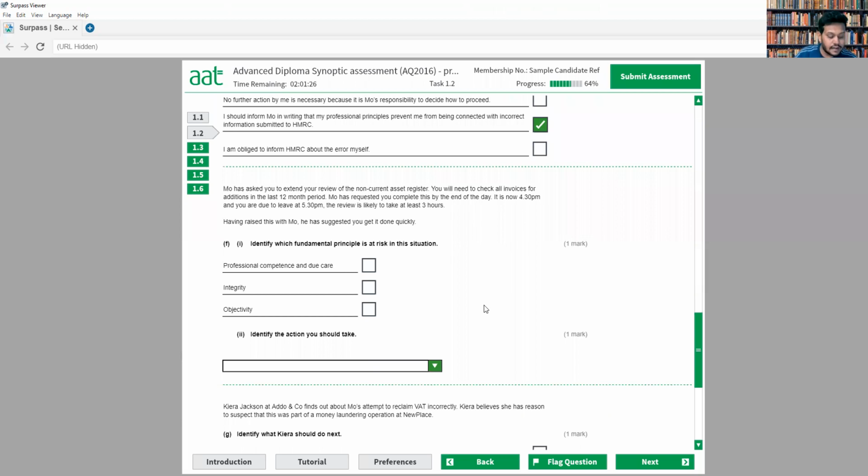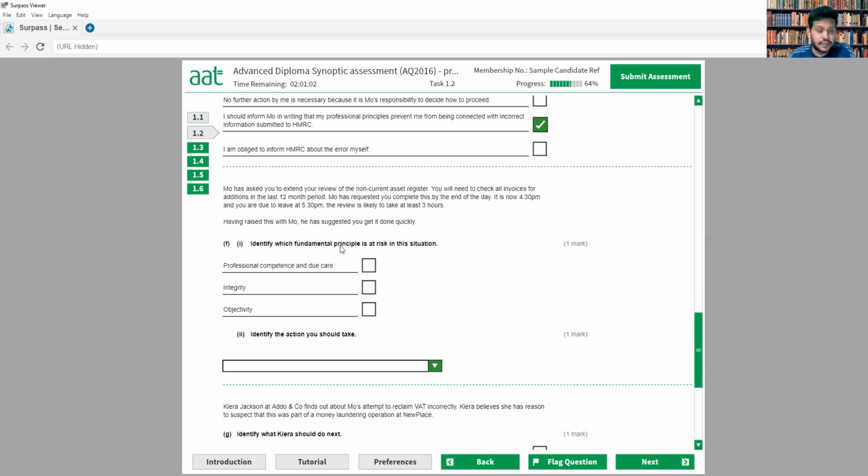Then the next one: Mo has asked you to extend your review of the non-current asset register. You will need to check all invoices for additions in the last 12-month period. Mo has requested you to complete this by end of the day. It is now 4:30 p.m. and you are due to leave at 5:30. The review is likely to take 3 hours, so you don't have enough time.